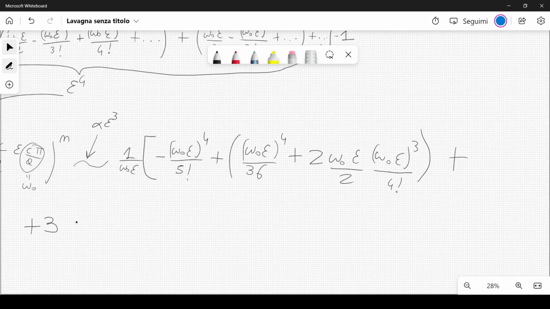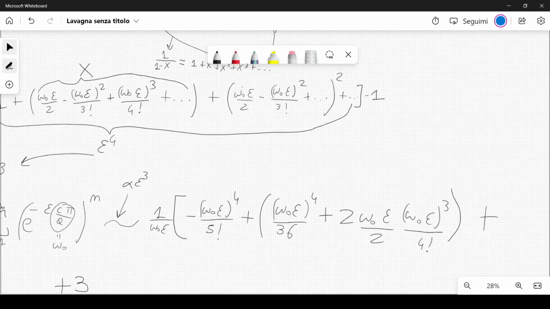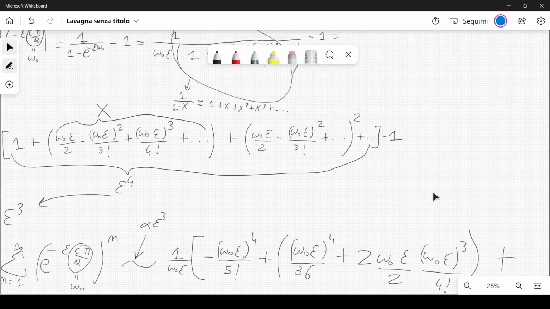3 times the term which is just this first term squared. So we have omega 0 epsilon over 2 squared. And then we have to multiply this by this term, the second one.